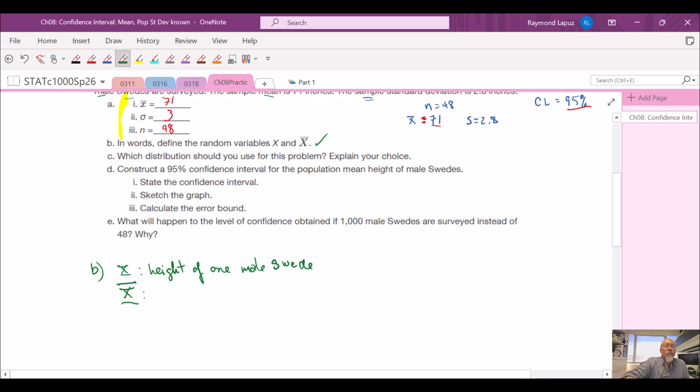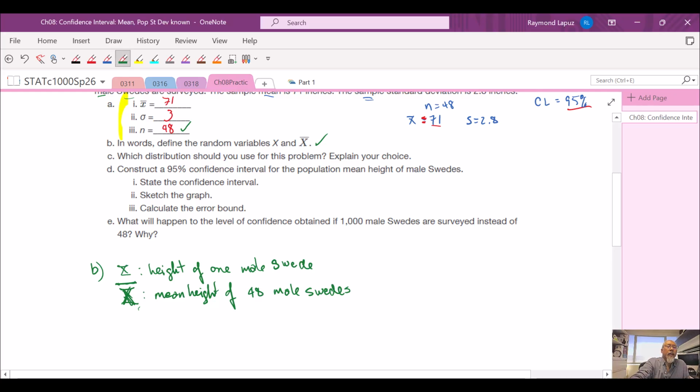Let's call it the mean, because now the word average is kind of diluted. We want to be specific and say the mean height of 48 male Swedes that we're talking about. The idea here is that we find 48 male Swedes, measure their heights, and then we find the average, and that's going to be one data point for this particular distribution X bar.